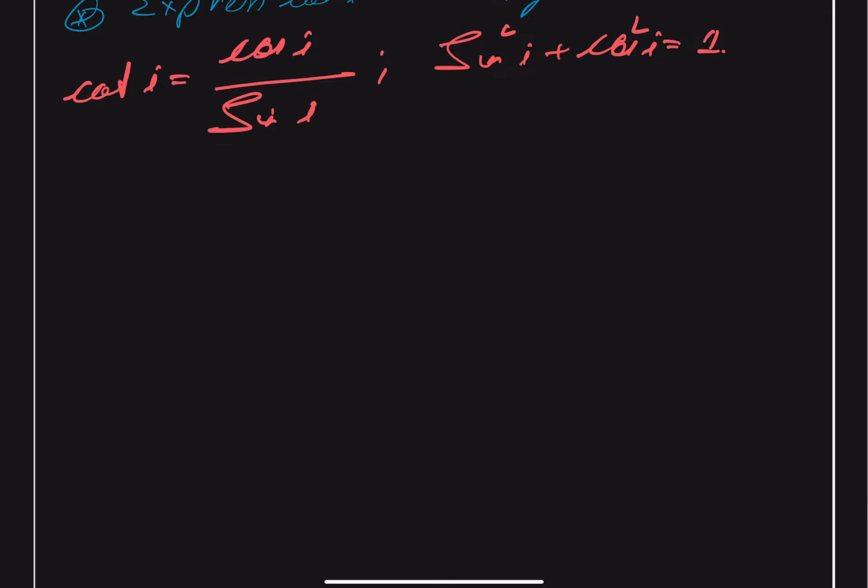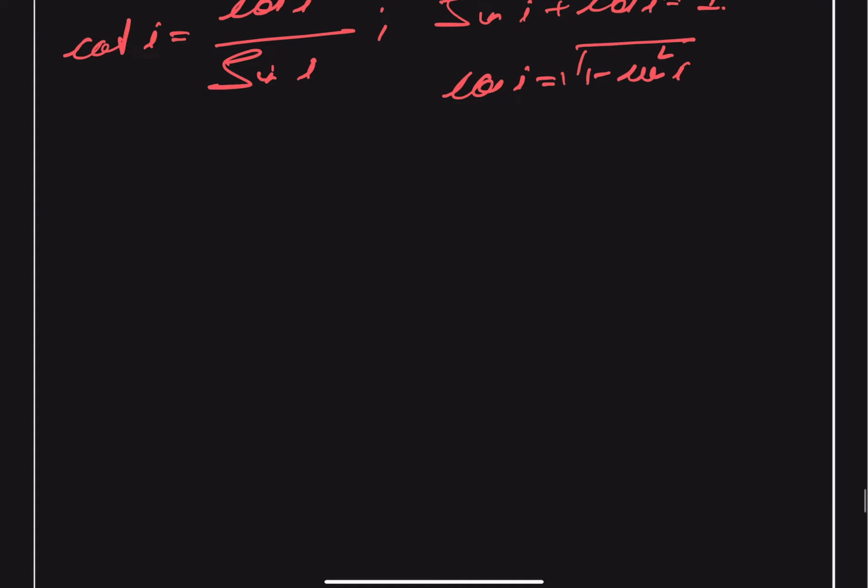Sine we just found out, so we can write cos of I will be equal to the square root of 1 minus sine square I.